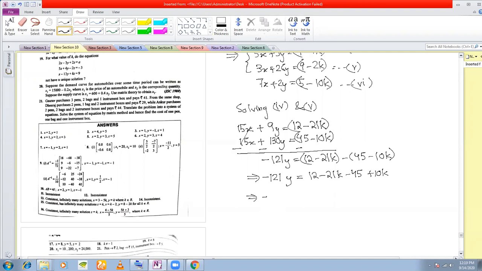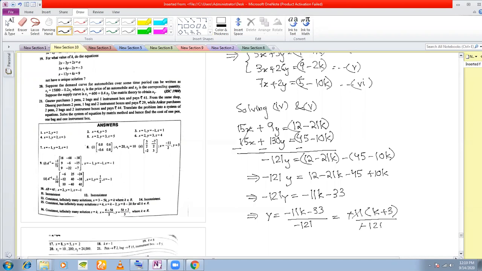So you get minus 121y is equal to 12 minus 45, which is minus 33, minus 11k minus 33. So y is equal to minus 11 times k plus 3, divided by minus 121.